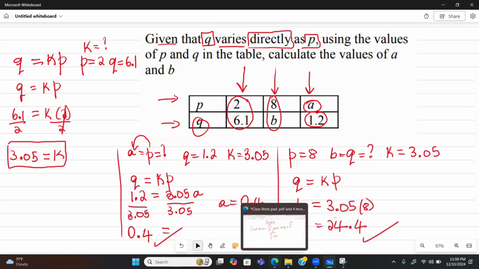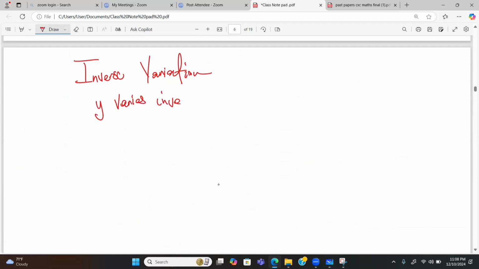So let us just take a quick dive into the idea. Now, if I'm looking at an inverse variation, for any inverse variation, let us say there is something that says y varies inversely, or it is inversely proportional as x.